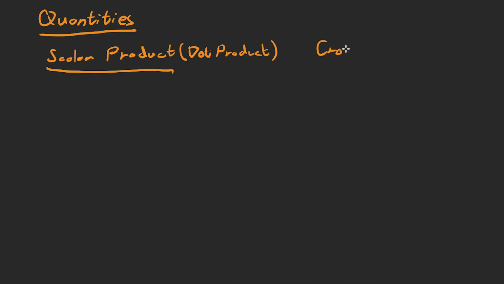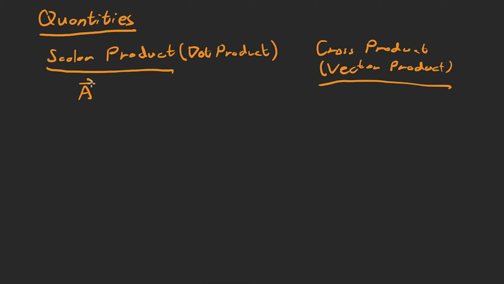The other is the cross product, or sometimes known as the vector product. This is just denoted by a dot in the middle, and this is denoted by a cross symbol in the middle.